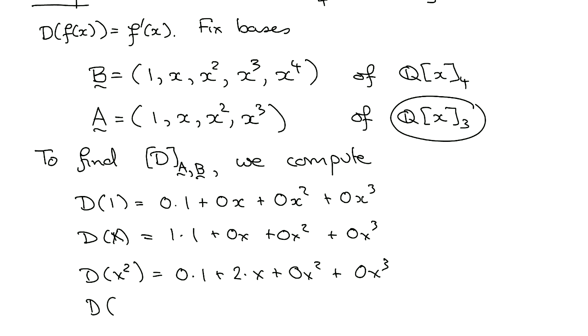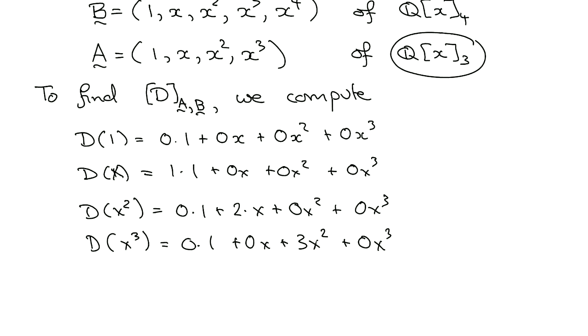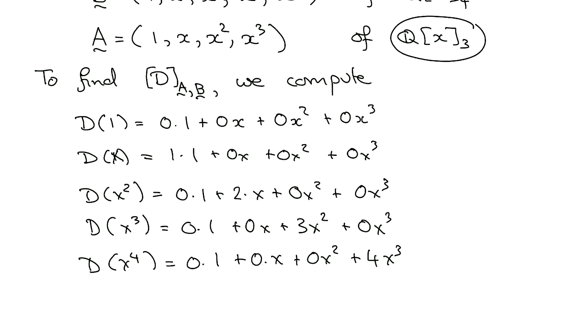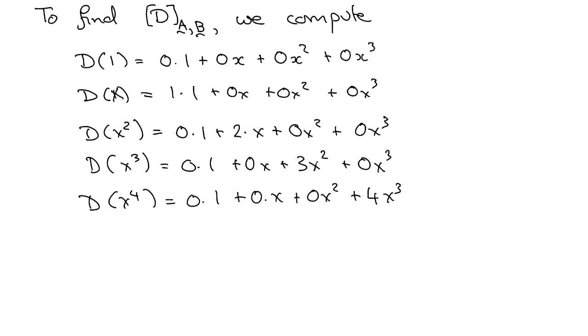And D of, I have to go up to x^4, so I've got to do x^3 and x^4: 0, 0, 3, 0, and finally 0, 0, 0, and 4. So we're done. There's no further calculations in this one.